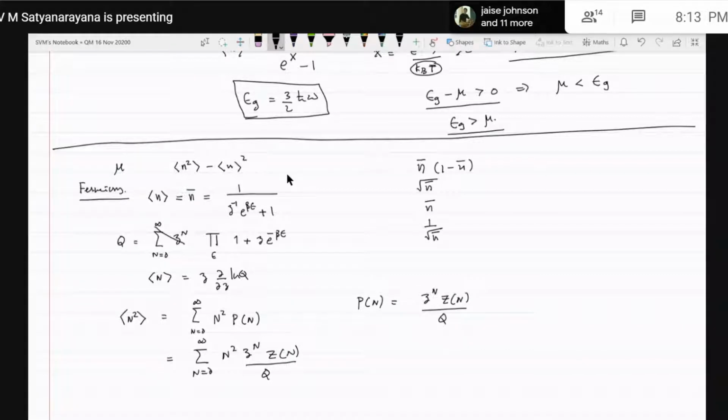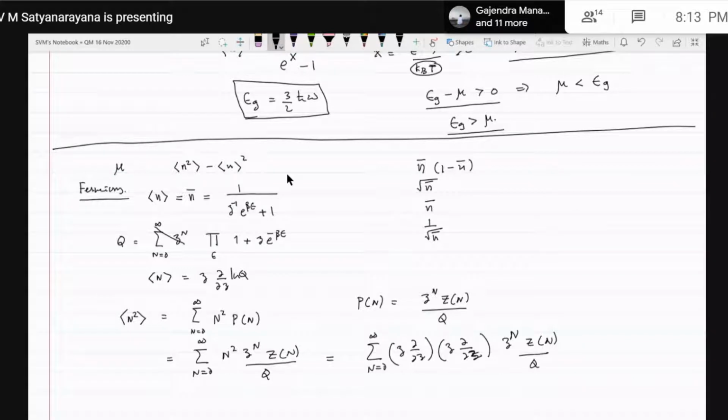So this I will have to write as the sum over n equal to 0 to infinity of z dou by dou z, z dou by dou z, acting on z to the n into Z of n.